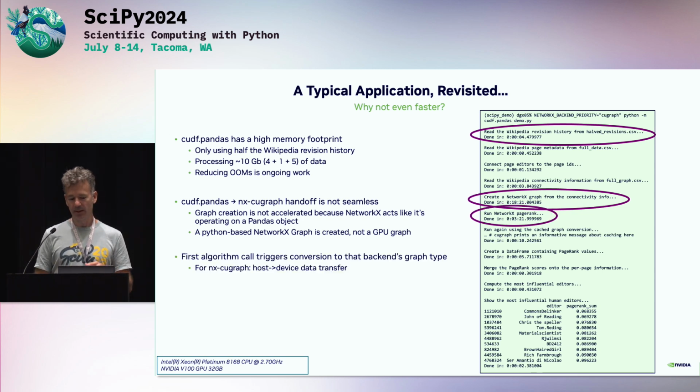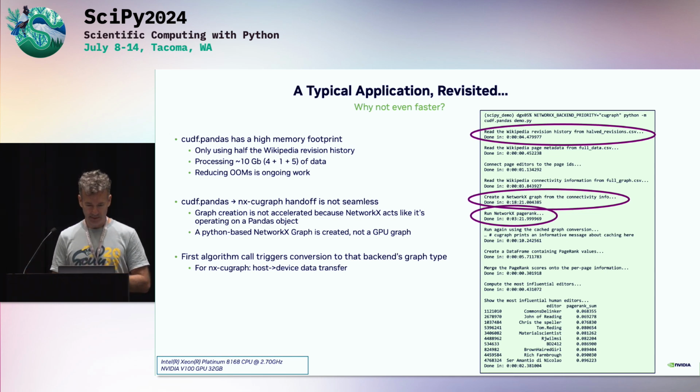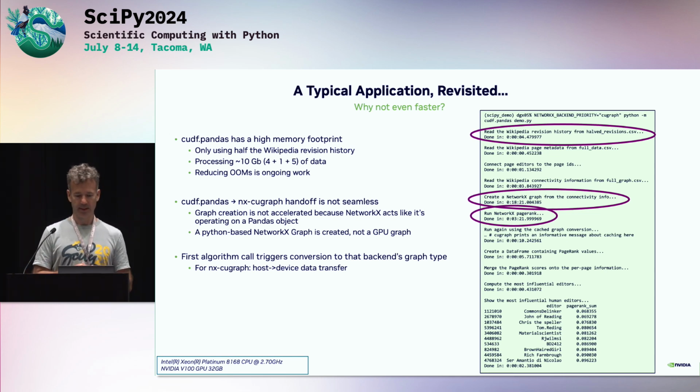Also, that PageRank call is 10x faster, not too bad. But if anyone's familiar with cuGraph, they'll know that PageRank runs much faster than that. The reason it's only 10x here is because we have to take that initial NetworkX-based graph and convert it to a graph on the GPU and transfer it over there. This was a pretty large graph, so that took a while.